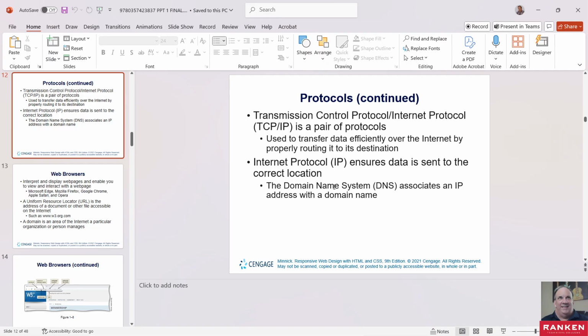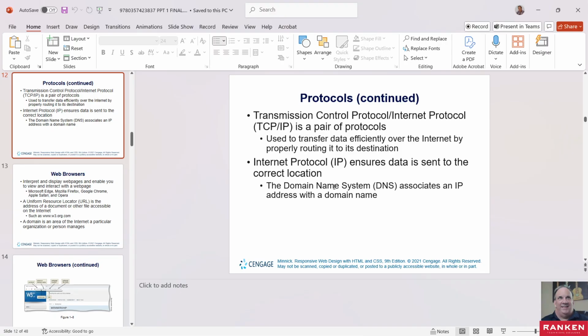DNS associates an IP address with a domain name. So when you go in a browser, let's say you put in the name of a website, let's say ESPN.com. So the way this works is basically what you put in there actually goes to a domain name server, okay?